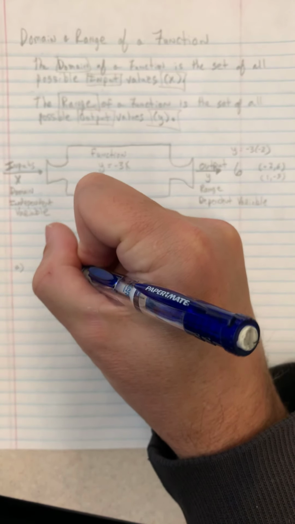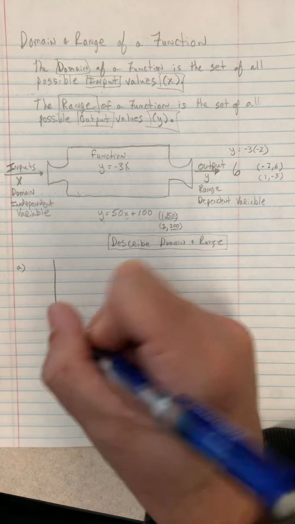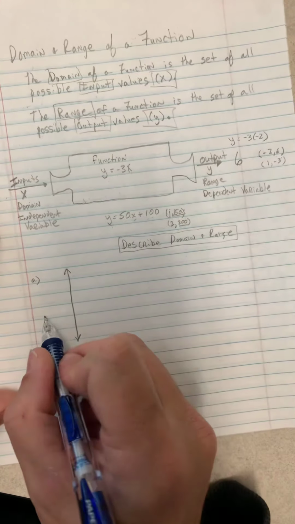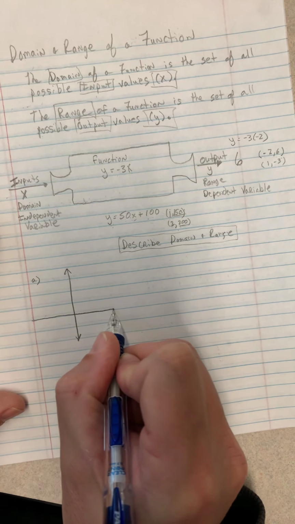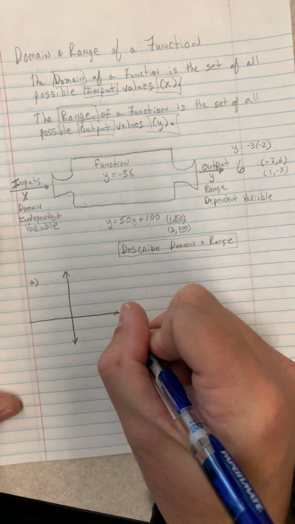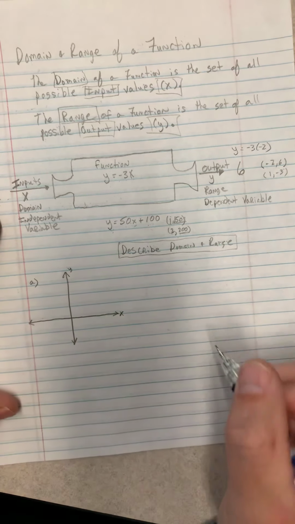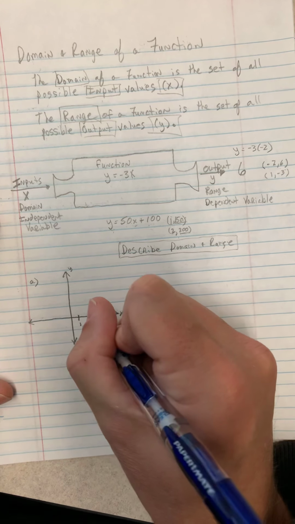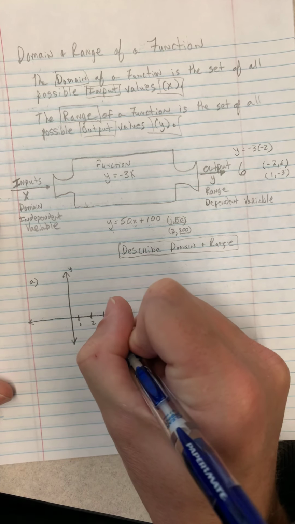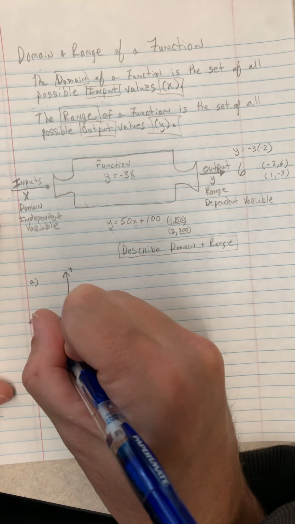I'm going to make a coordinate plane now, and I'm going to try to be as accurate as possible as far as labeling my axes and getting some points on there. I'm going to bust this X axis up into 1, 2, and 3, trying to make it as even as possible.